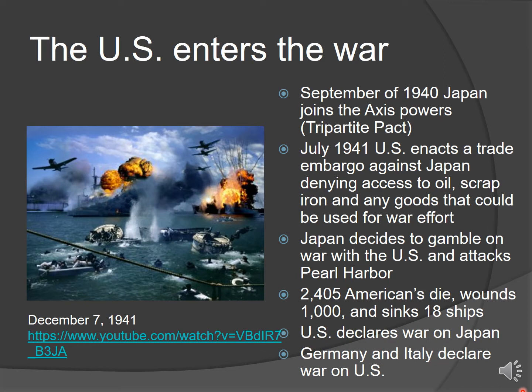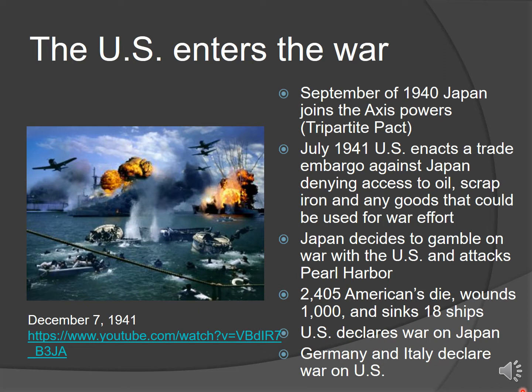Prior to that, Japan had already joined the Axis powers, forming the Tripartite Pact, and that happens in September of 1940. So Japan also is going to get a new prime minister. General Tojo will become the new prime minister of Japan, and he is a much more aggressive prime minister, and he basically is going to push for this idea of going to war with the United States.